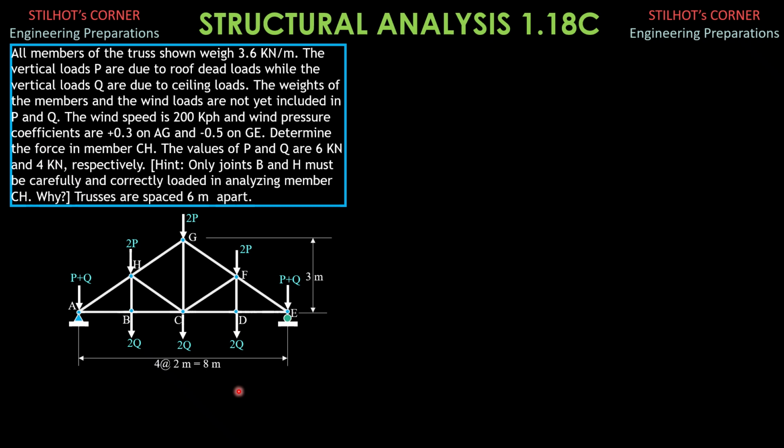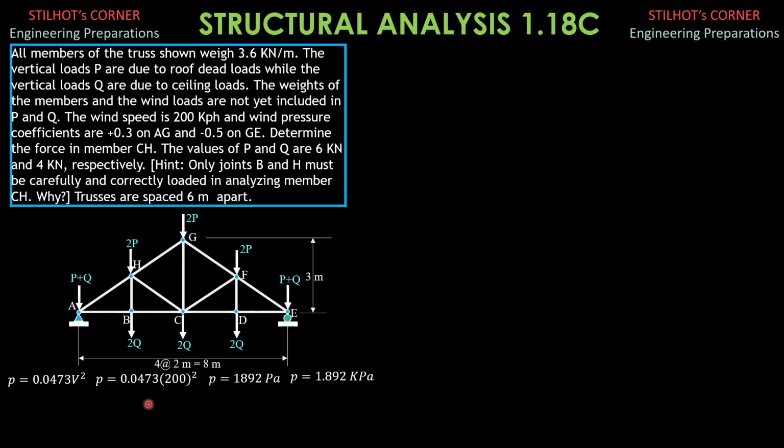So pressure equals 0.0473 V squared, where V is in kilometers per hour, and the resulting pressure is in pascals. So 0.0473 times 200 squared is 1,892 pascals, or 1.892 kilopascals. Therefore, the wind load W normal to AG, I'll just use AG because, as I said, we don't need to load GFE in analyzing the member force of CH.